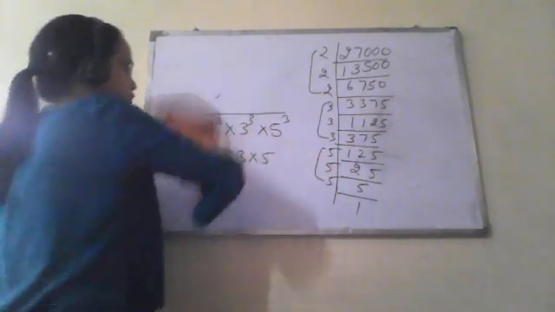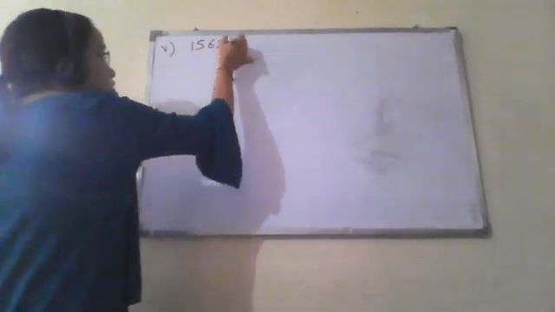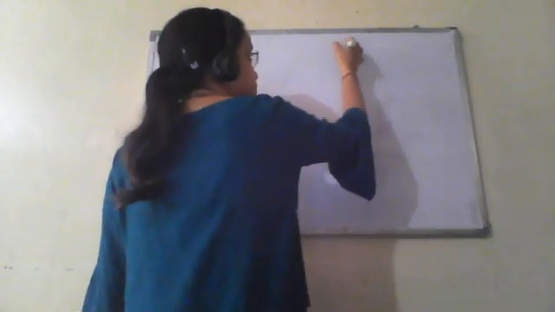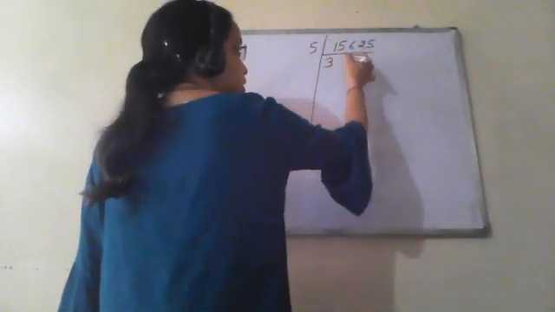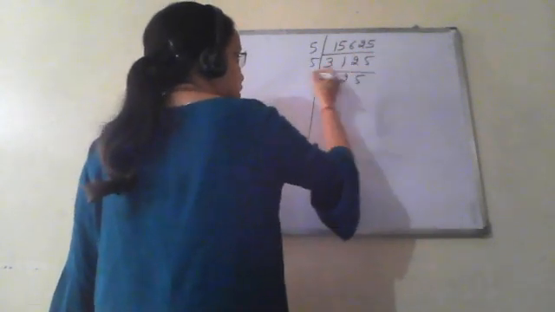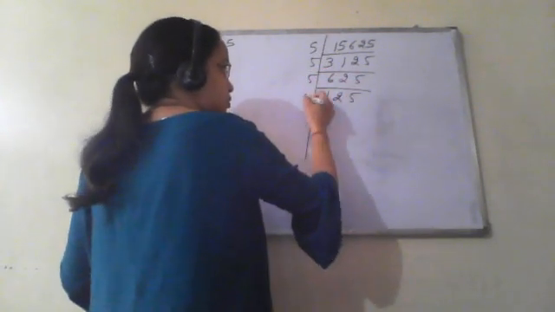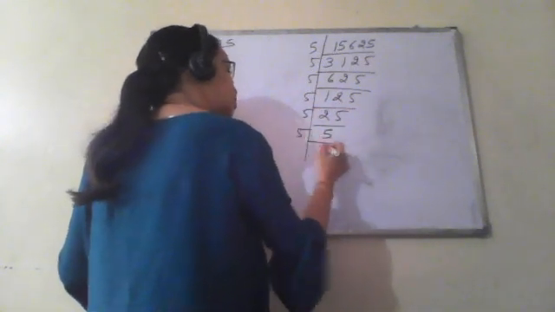Now next part. Fifth part is 15625. Clear? So this is 5, 3125, 625, this is 125, 25.